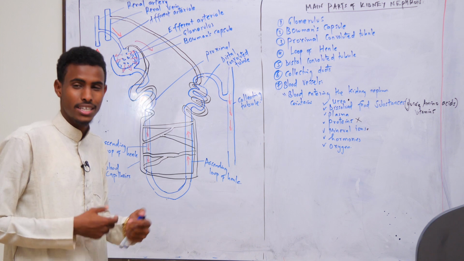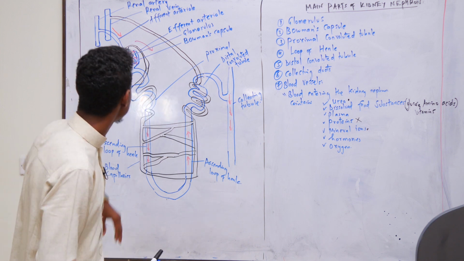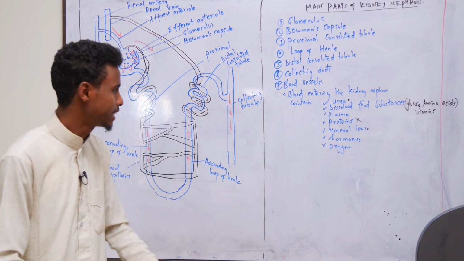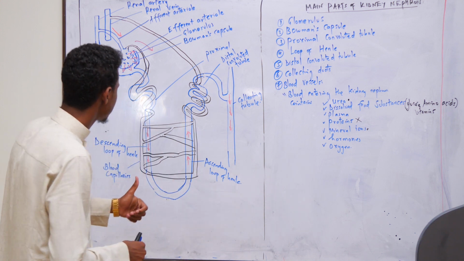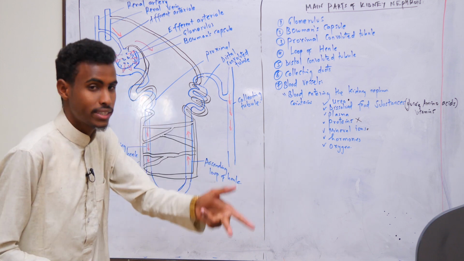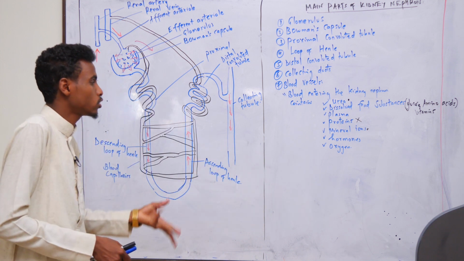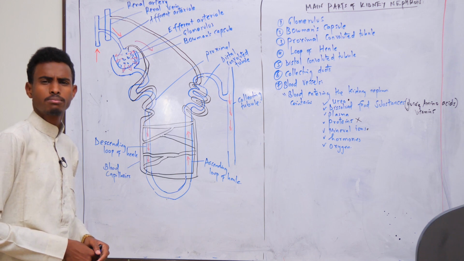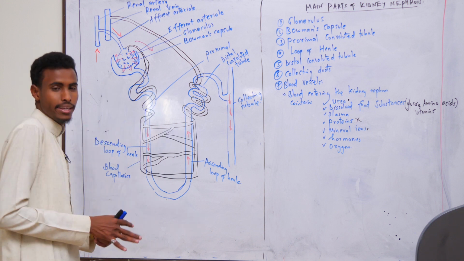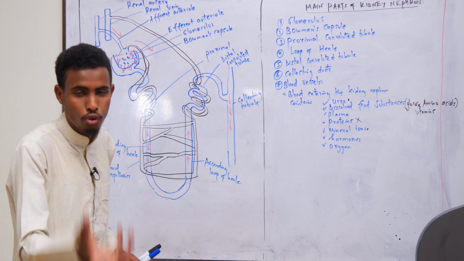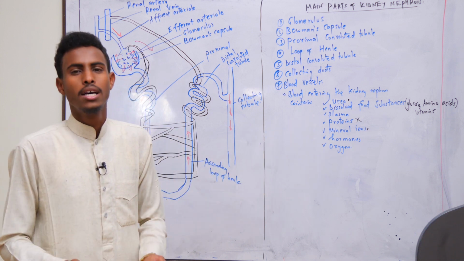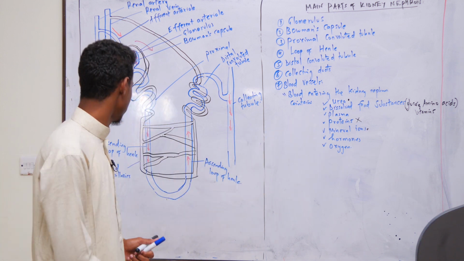What are those substances that enter the glomerulus to form the glomerular filtrate? Those substances include glucose, amino acids, vitamins, urea, and mineral ions. Those are the substances that filter out of the blood into the glomerulus to form the glomerular filtrate. And the process is called ultrafiltration.